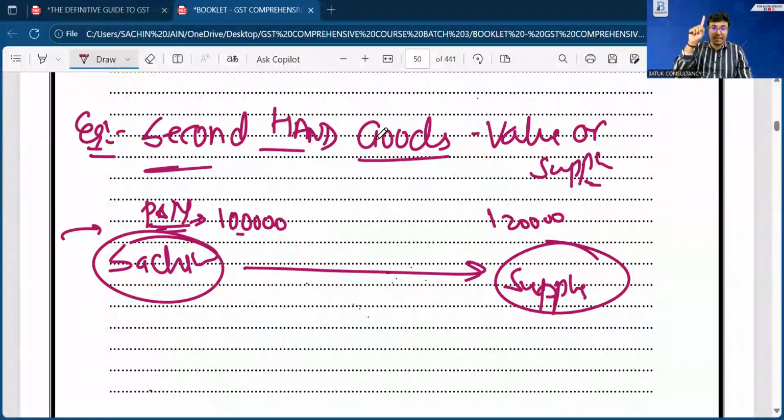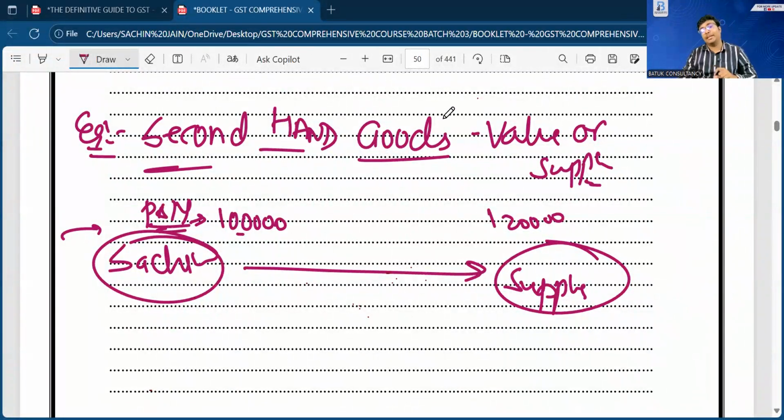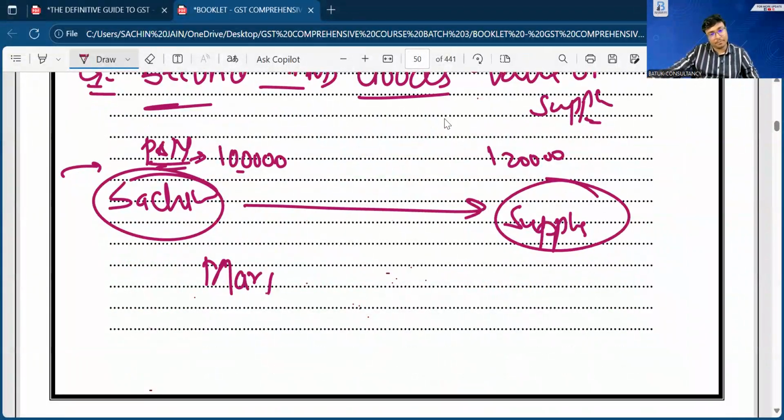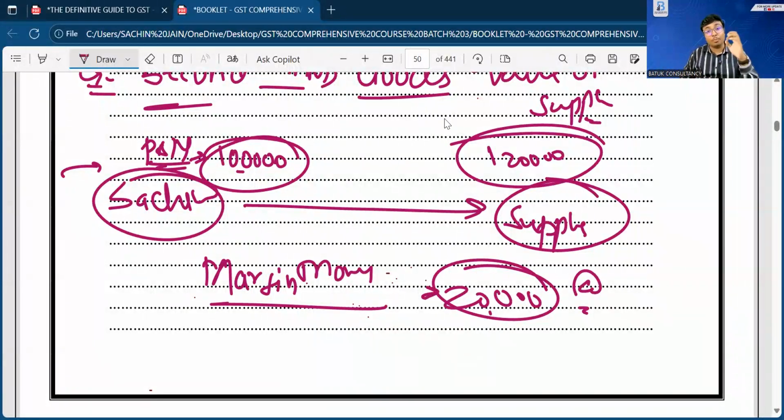When I bought at 1 lakh rupees and supply at 1,20,000 rupees, in case of second hand goods your margin money will be treated as the value of supply. So 1,20,000 minus 1 lakh, there is a margin of 20,000. So GST will be applicable on that 20,000 rupees.